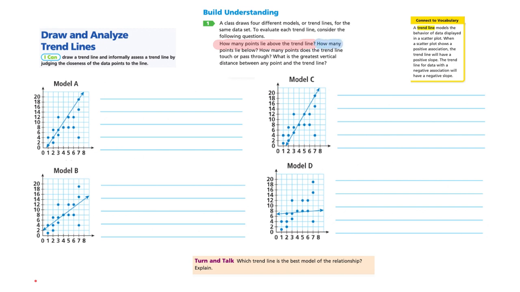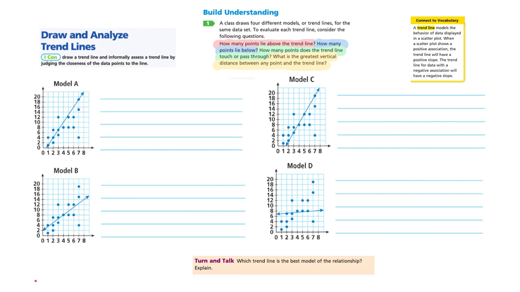And then we want to think about how many points lie below. Then we also want to think about how many points does the trend line touch or pass through. And that might make your answers a little bit different from the ones that I give here, but that's okay. And then what is the greatest vertical distance between any point and the trend line? And that could be considered an outlier, so that's something to think about as well.